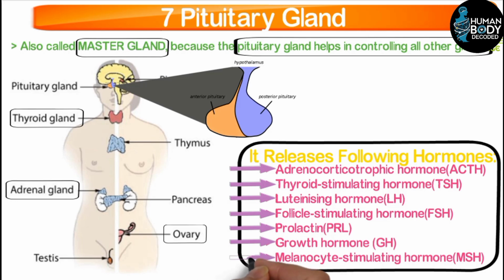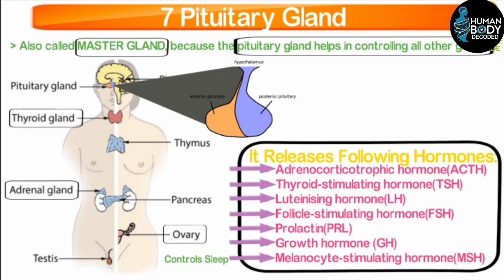Another hormone is melanocyte stimulating hormone, which we call MSH. And all these hormones are released by the pituitary gland. And these hormones control many functions in our body, including growth and development. Because of these things, we call the pituitary gland the master gland.